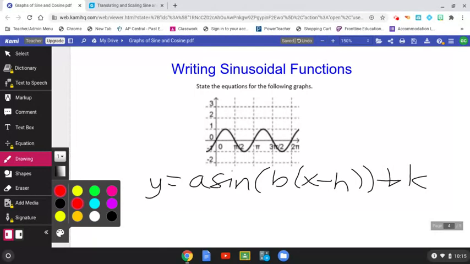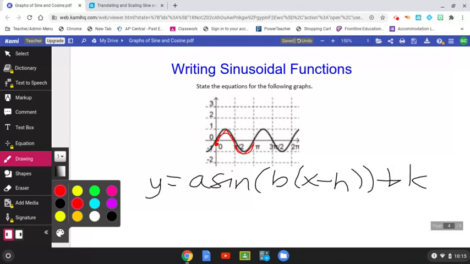So first thing I would do, let's say from this graph we want to write an equation using sine, is try to locate in this graph one period of sine. And I'm actually noticing that one period of sine is represented from 0 to pi.